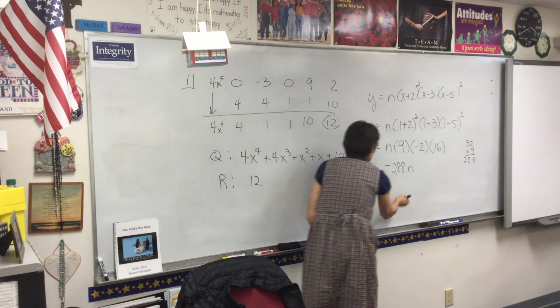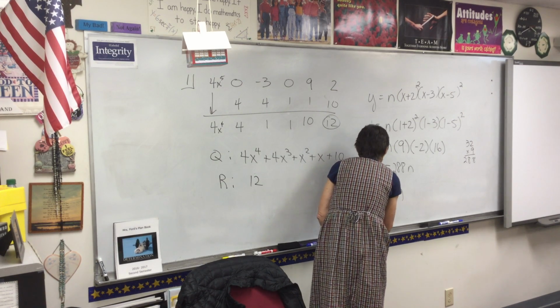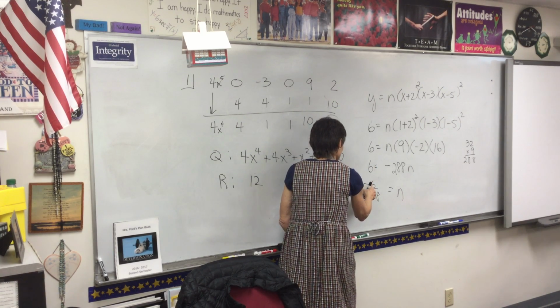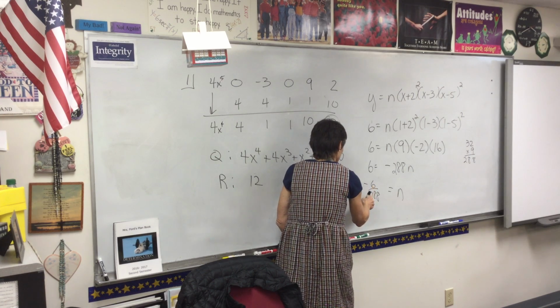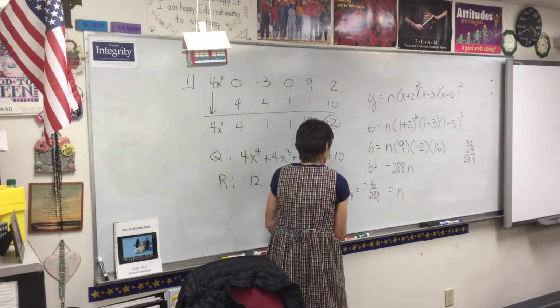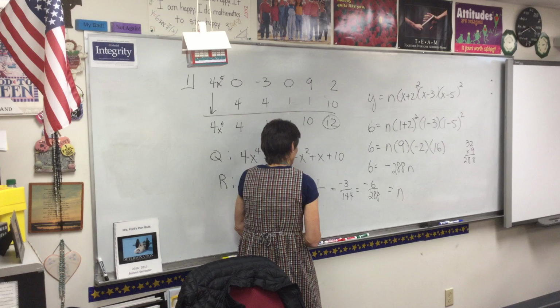And then I'll divide. So 2 goes into there 3 times. And 2 goes into there 144 times. And 3 goes into there once.